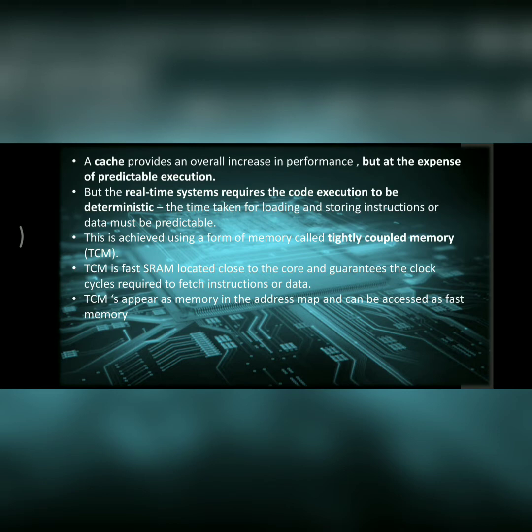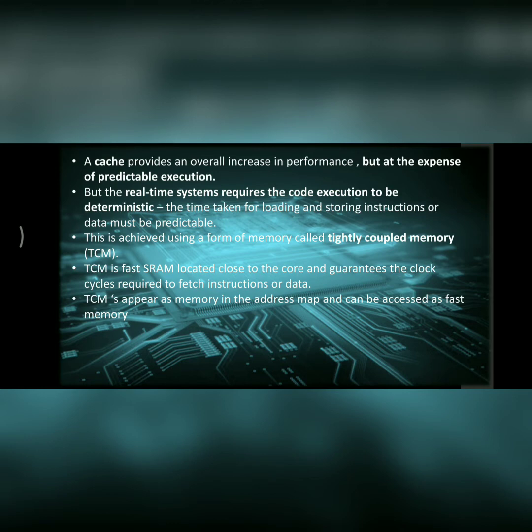You can use the TCM to hold critical routines such as interrupt handling routines or real-time tasks where the indeterminacy of a cache is highly undesirable. In addition, you can use it to hold scratch data and critical data structures such as interrupt stacks.